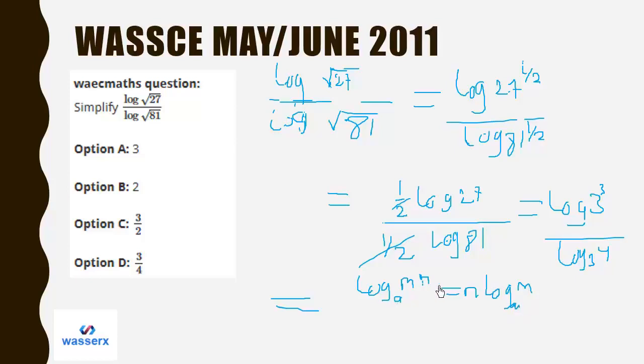The a here is 10, which is not written, so don't let that confuse you. So now we can apply this law to obtain 3 log 3 over 4 log 3. So the log 3's will now cancel, and we are left with 3 over 4. So the answer is D, option D.